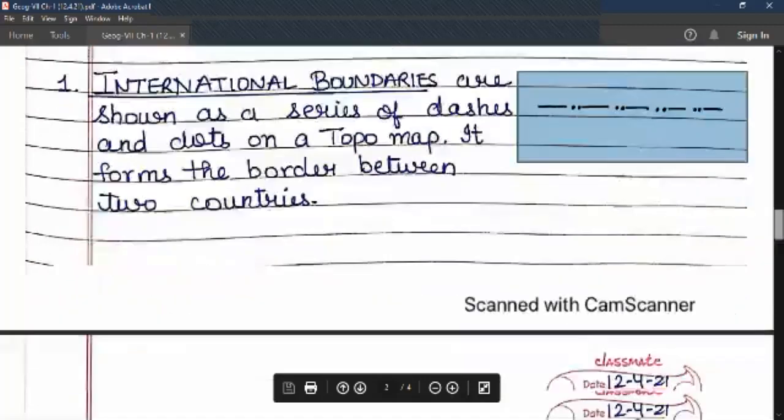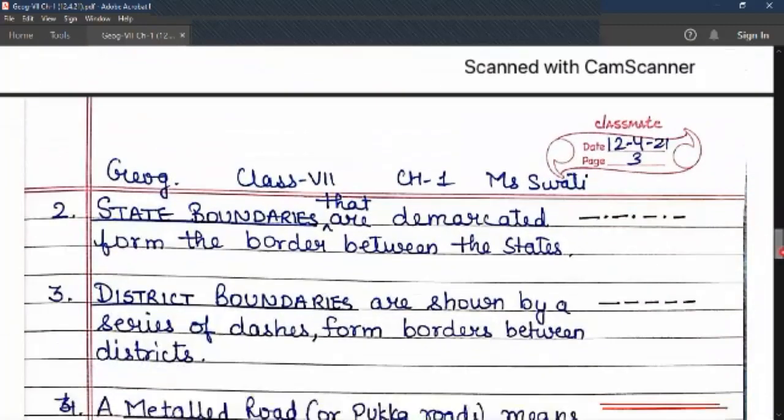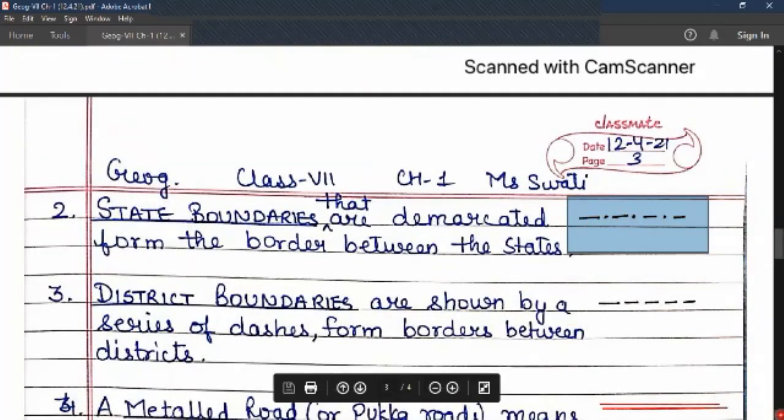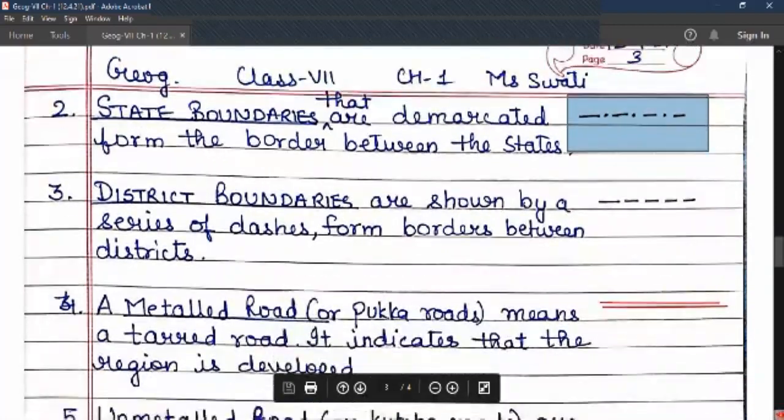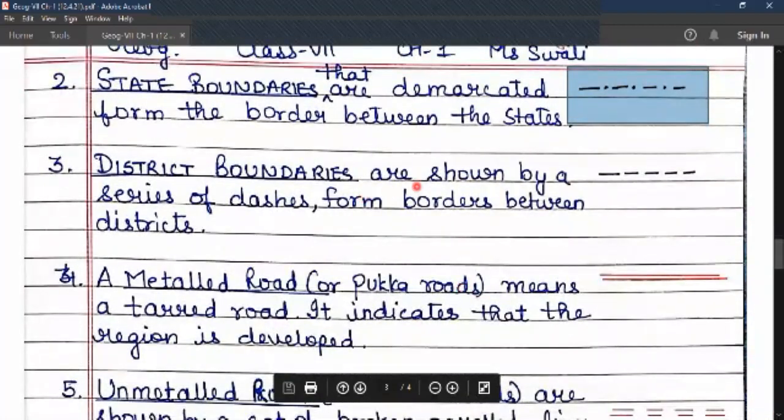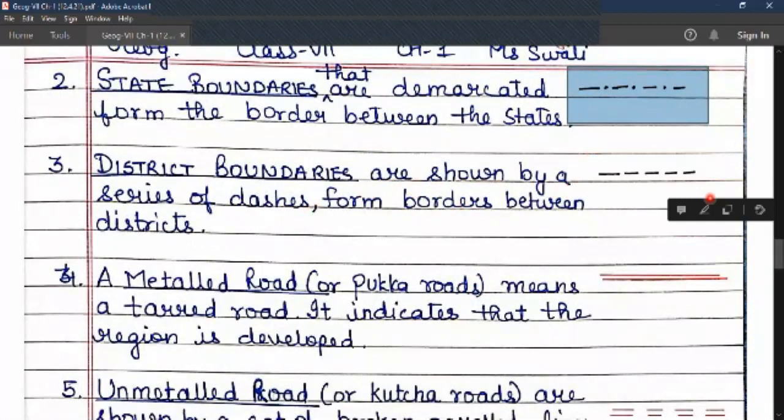Number two is the state boundaries that form the border between the states and is shown by dash and a single dot. Number three is a district boundary. District boundaries are shown by a series of dashes forming the borders between districts.